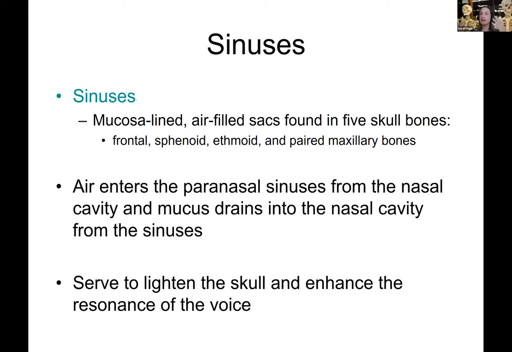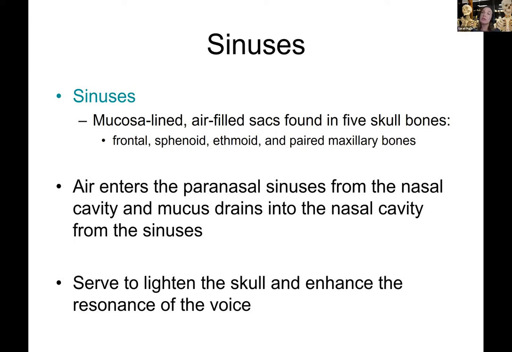Now inside of your skull bones, you also have open spaces called sinuses. These open spaces that are within the bone are lined with mucus. They are filled with air, and basically the job is they help to lighten your skull. Anytime a bone is hollow, it is not nearly as dense.